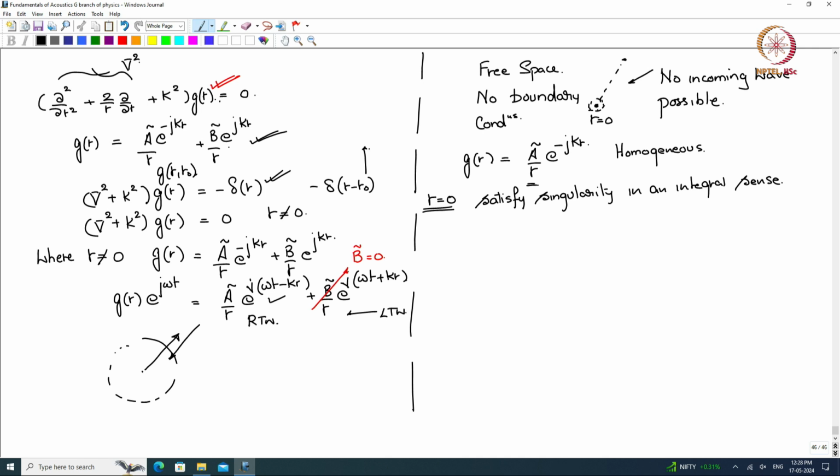In actuality, this equation over here implies a source, or a mass source, which is highly localized.